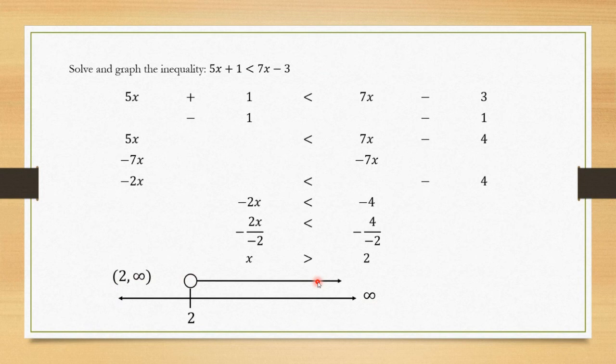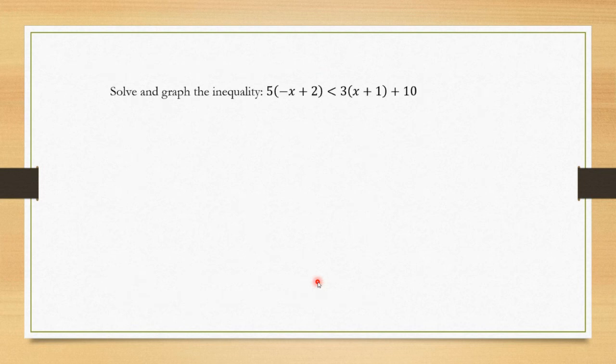That's one example. Let's try another one. So now we're going to handle this one. Again, notice you could simplify a bit. You can simplify the left side, and you can simplify the right side. For the left side, we have negative 5x plus 10, because we're distributing.